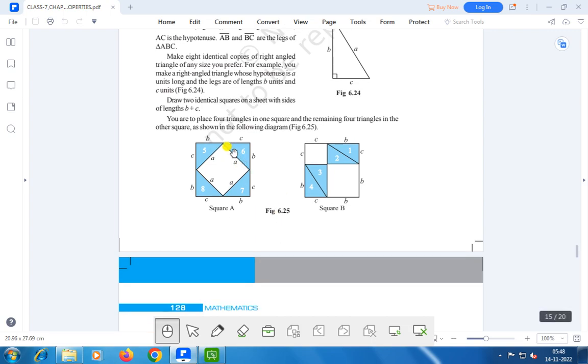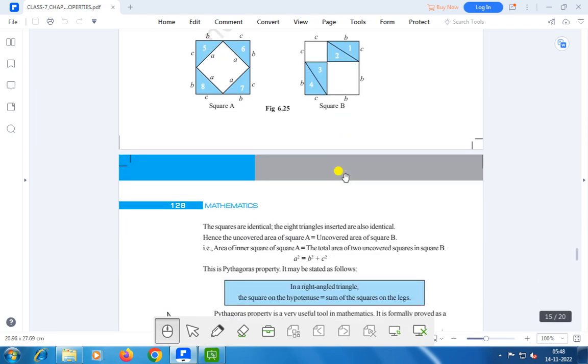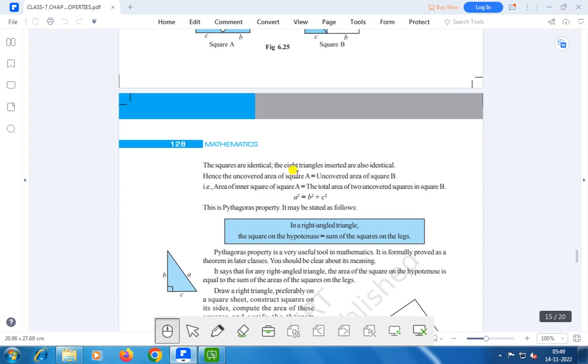Here you see that the uncovered area will be the same as the uncovered area here because square A and square B have the same size, right? The squares are identical. The 8 triangles inserted are also identical.